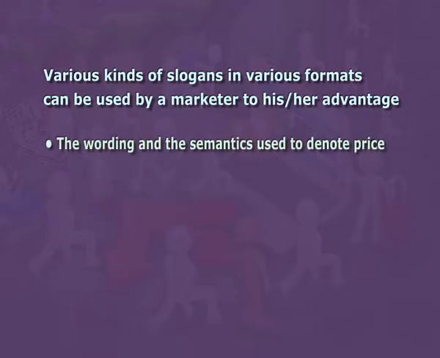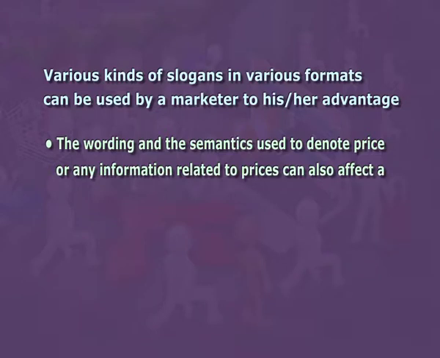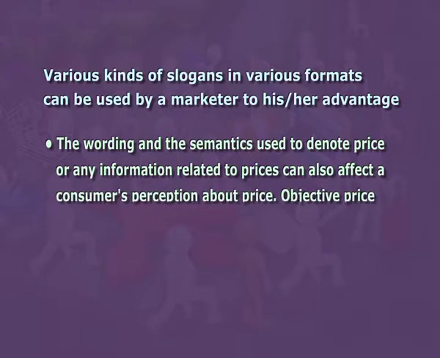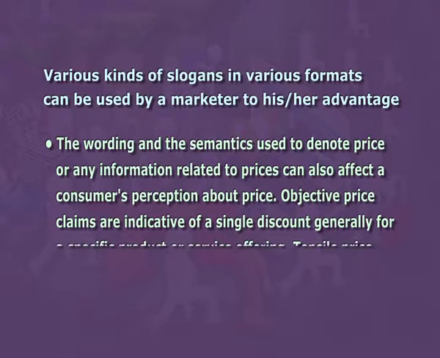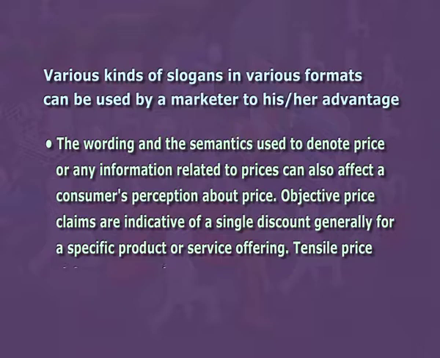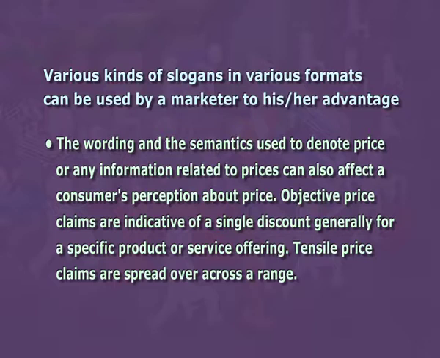The wording and the semantics used to denote price or any information related to prices can also affect a consumer's perception about price. Objective price claims are indicative of a single discount, generally for a specific product or service offering. Tensile price claims are spread across a range.